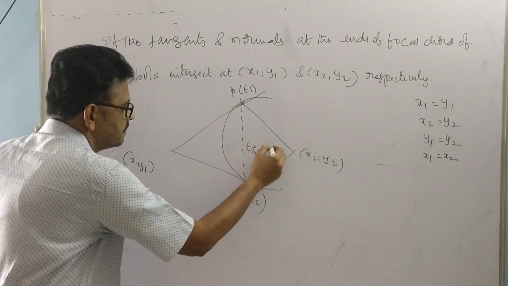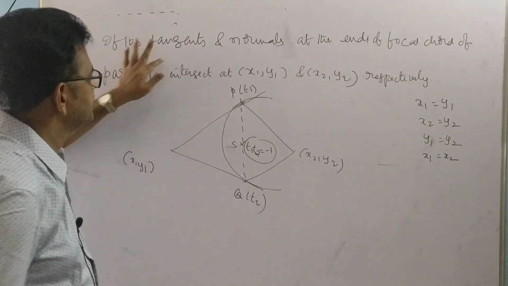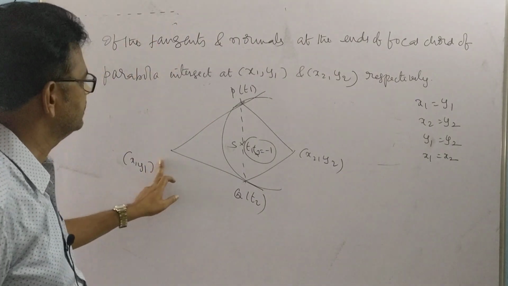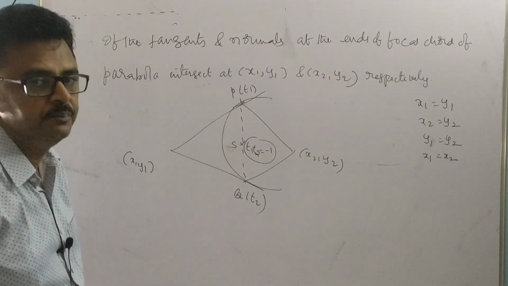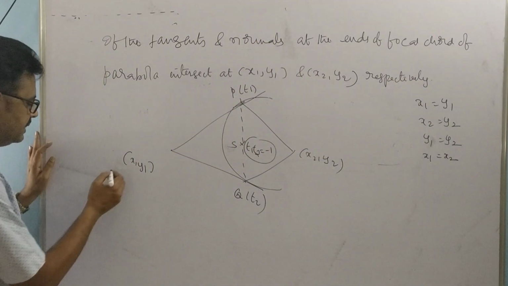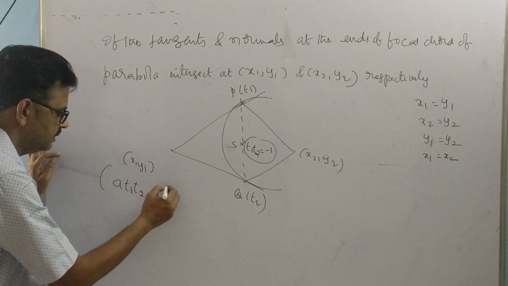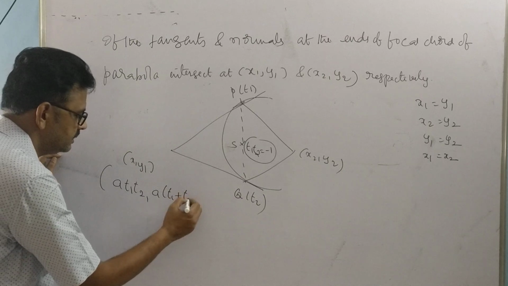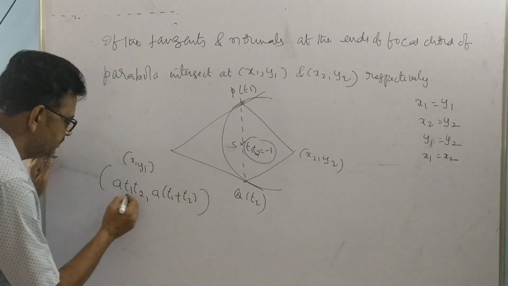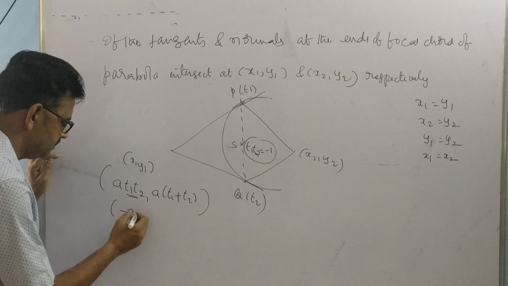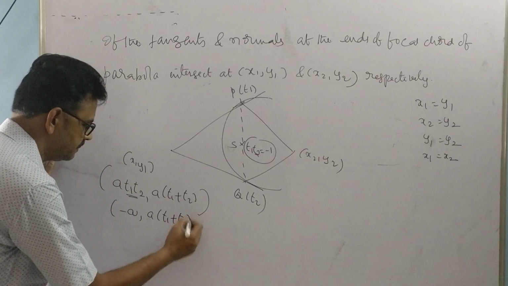T1 T2 equal to minus 1. Tangents intersect at the point x1, y1. Normals intersect at the point x2, y2. What is the point of intersection of tangents? A T1 T2, comma A into T1 plus T2. The chord is a focal chord, T1 T2 is minus 1. So minus A comma A into T1 plus T2.